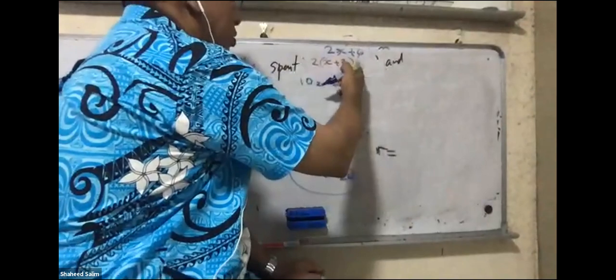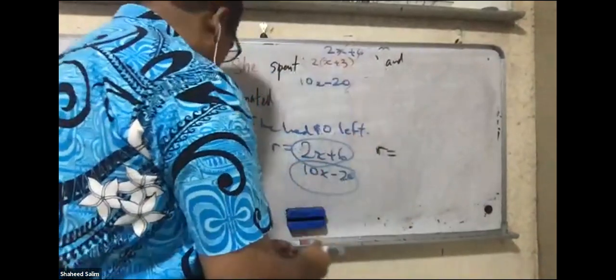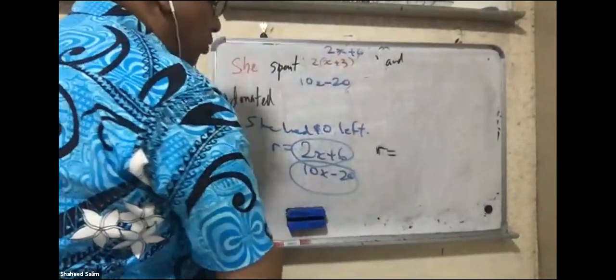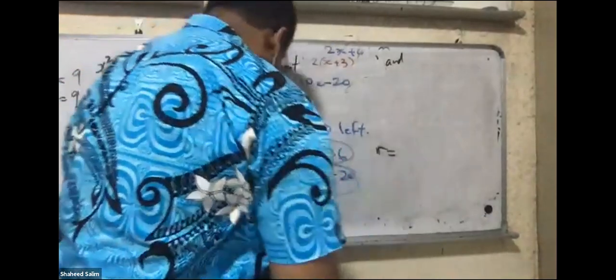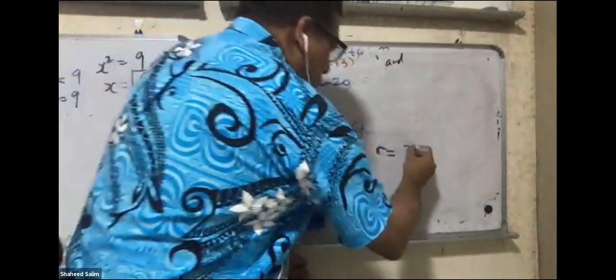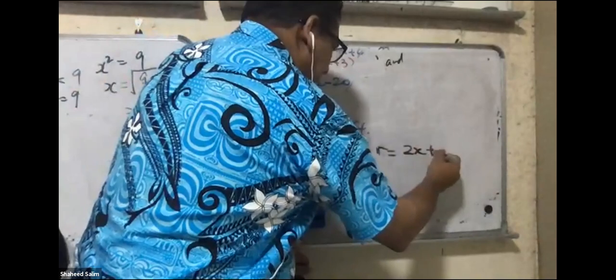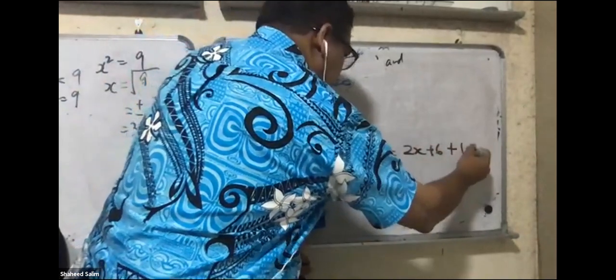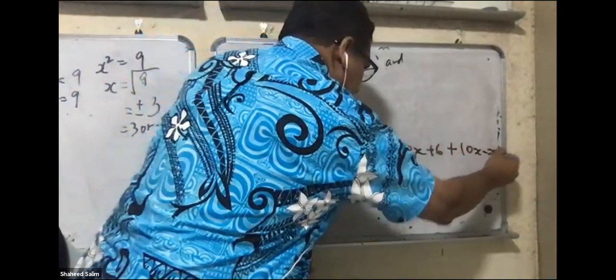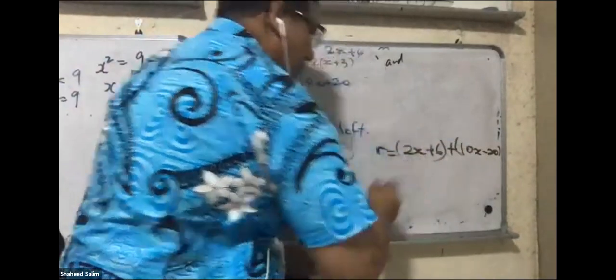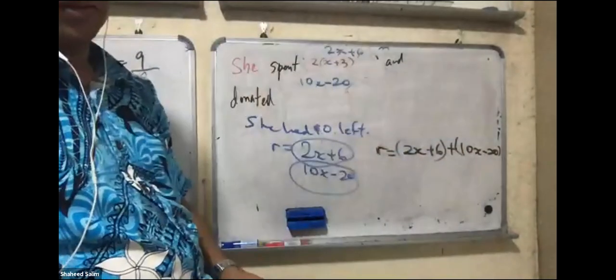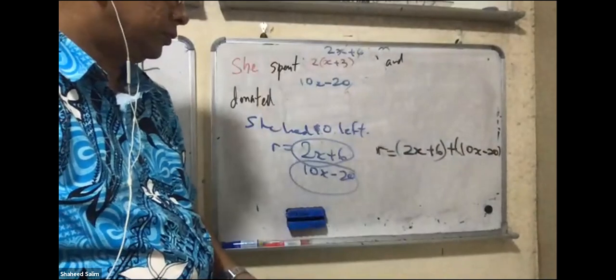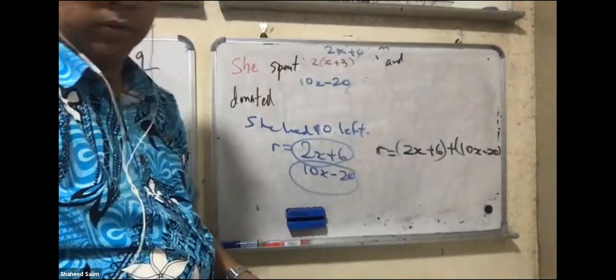Equals to the spent amount plus donated amount. You write like this, 2x plus 6 plus 10x minus 20. You can write it in brackets. Then you remove the brackets and you find out.